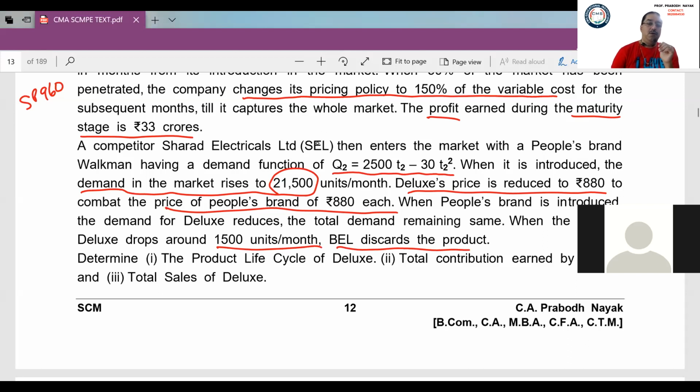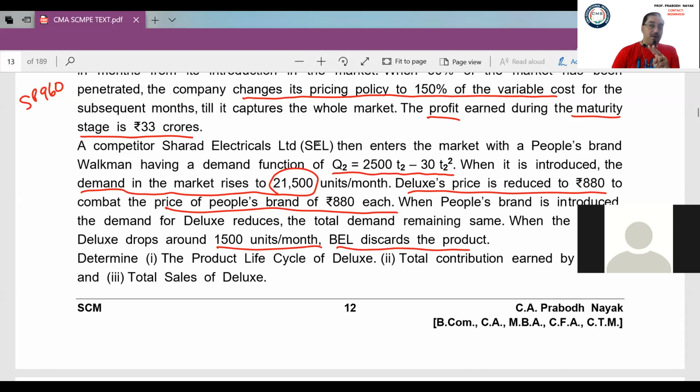Okay? Question asked. Determine the product life cycle of Deluxe. First, product life cycle. How many years? Second, total contribution earned by Deluxe over the entire life cycle and at each stage.